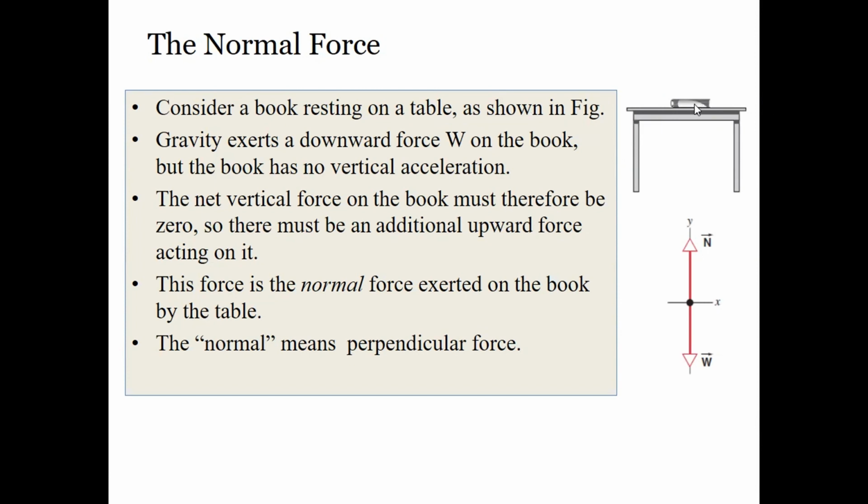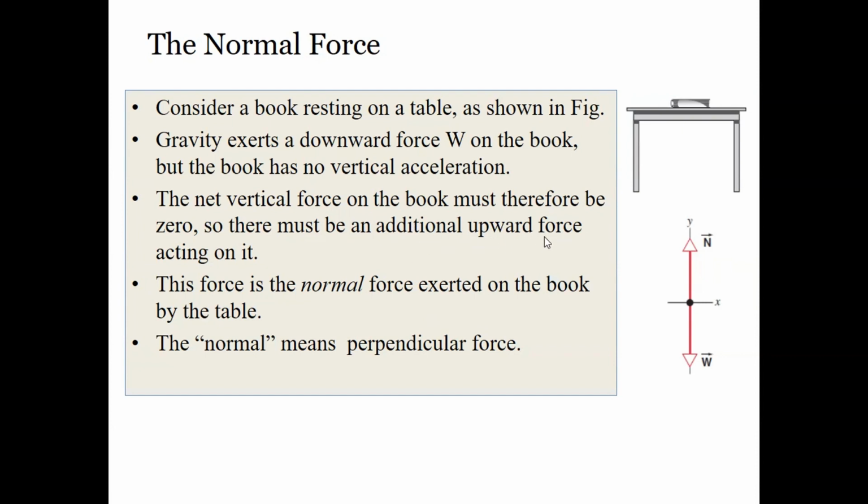For example, a book resting on a table, as shown in this figure. Gravity is exerting a force in the downward direction on the book, but the book has no vertical acceleration. There is a force, but there is no vertical acceleration. So the net vertical force is zero. And how is it zero?